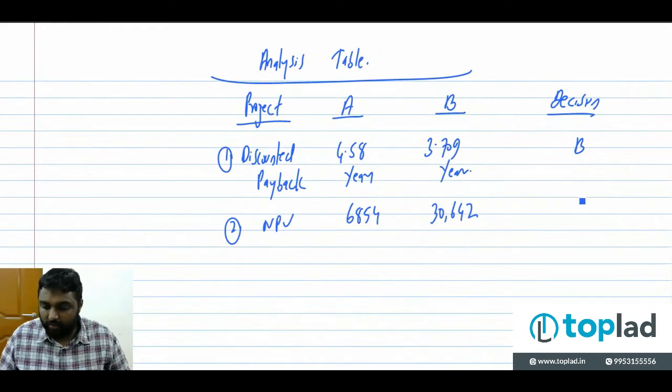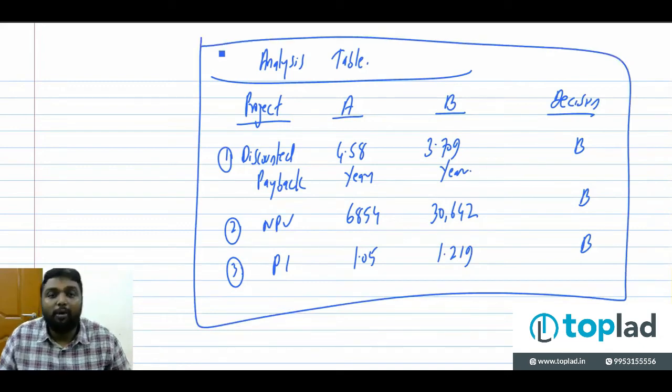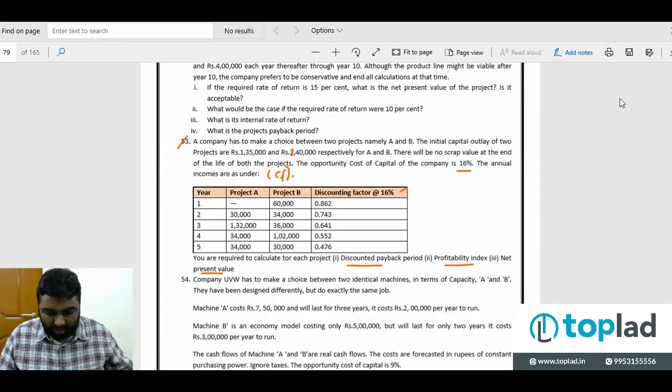Still it is B. Last but not the least, profitability index 1.05 times. Higher the index, better the option. 1.219 times. Still the B. So we can give the comment: most of the options, B is preferable. So we have completed that question.